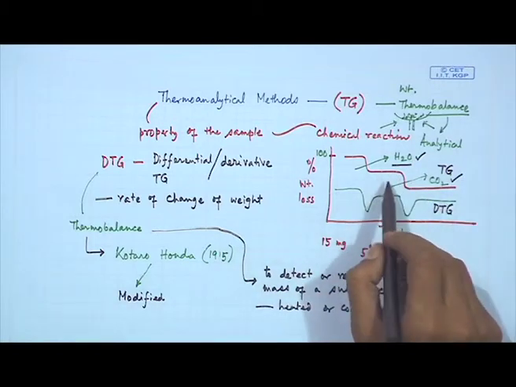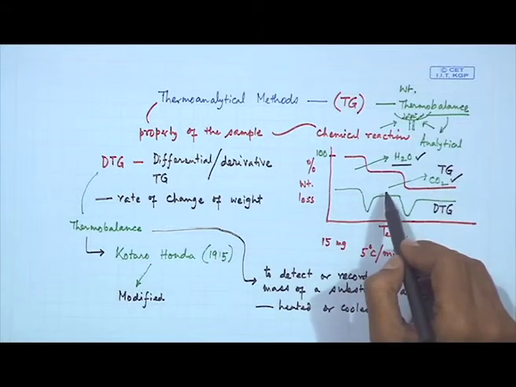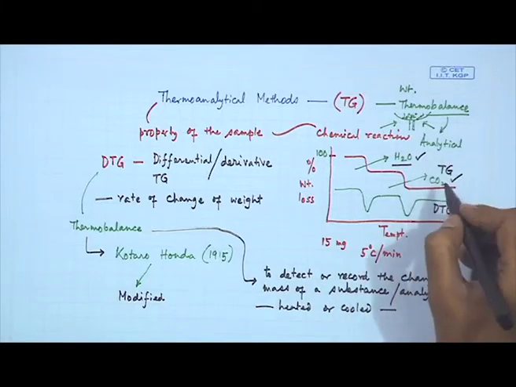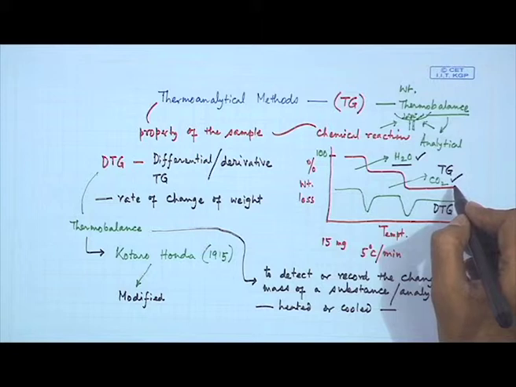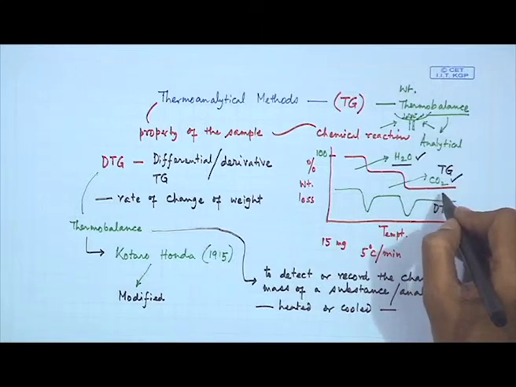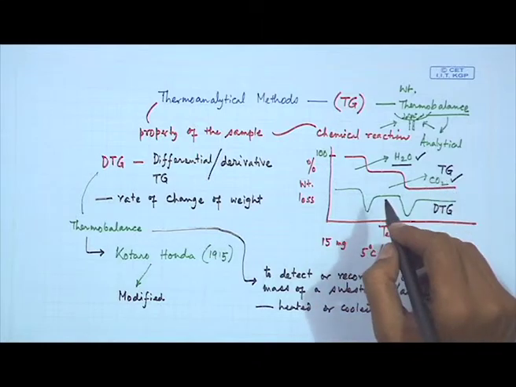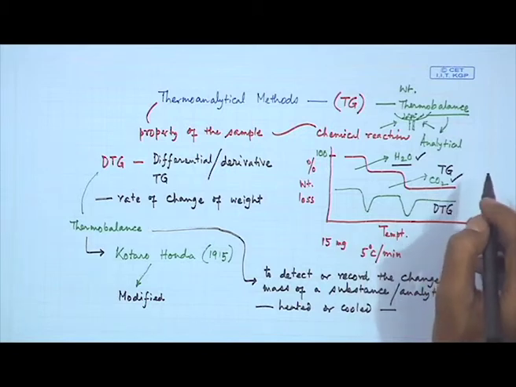So, these mass changes are related to any sample, whether it has trapped water molecules or the product of a particular reaction. Even if we heat metal carboxylates, organic or inorganic salts like copper acetate, iron acetate or nickel acetate, they decompose to give carbon dioxide with the leftover nickel oxide, and all these things we can monitor very nicely.